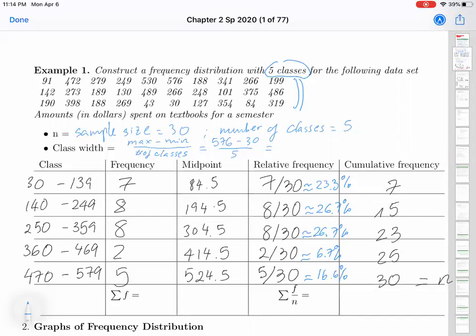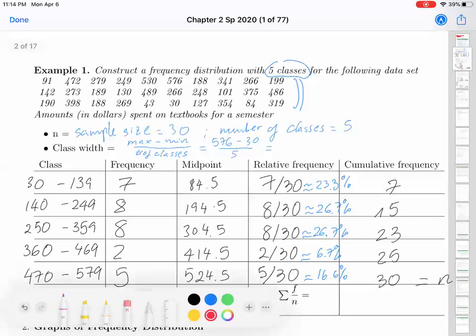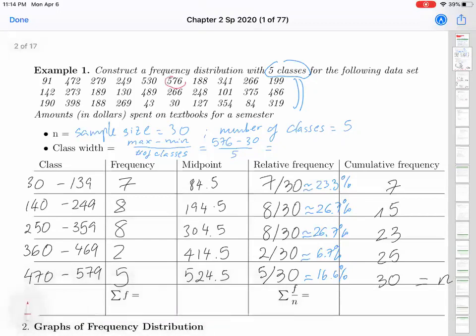And we can find the class width by taking the maximum value minus the minimum value and dividing by the number of classes. The maximum value is 576, the minimum value is 30, and the number of classes is 5.